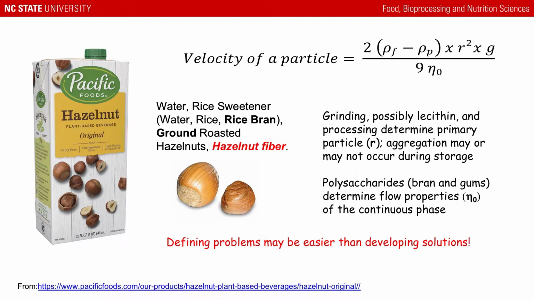So the grinding and possibly lecithin and processing determines the primary particle size. Aggregation may or may not occur during storage. The polysaccharides, which would be the bran and these different gums, are determining the flow properties of the continuous phase. So I can pretty much look at the ingredient labels and tell you what each component's doing in the system. But here's the interesting possibility.